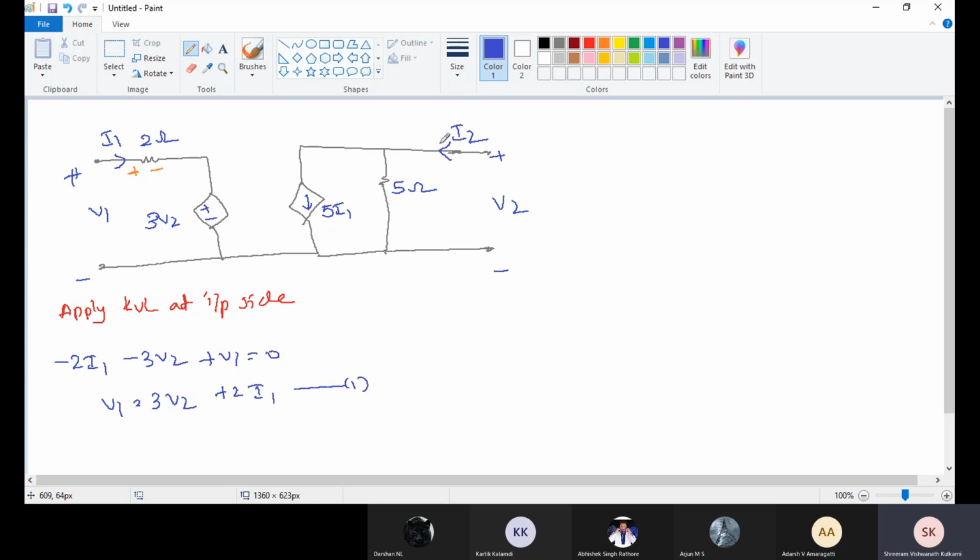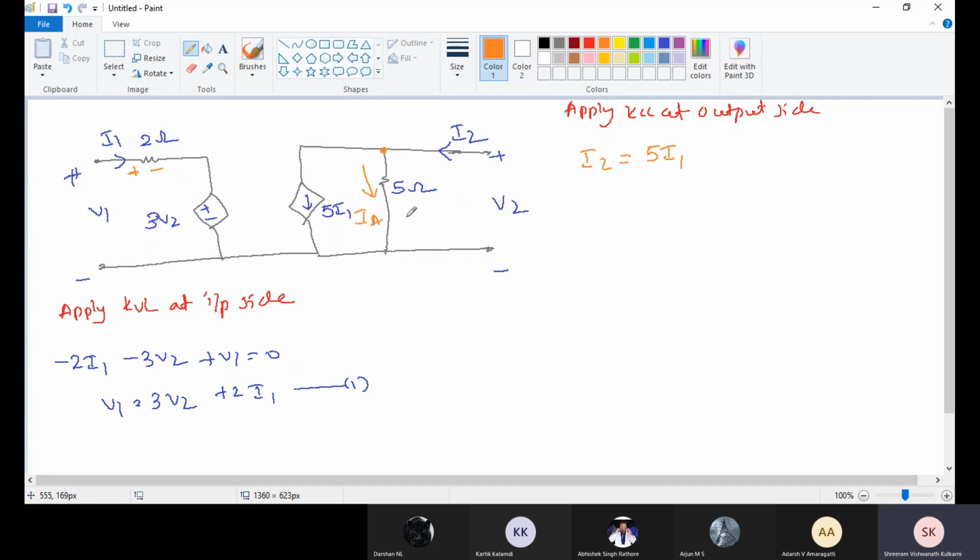Now I'm going to apply KCL at output side. See here, I2 is equal to 5I1. Then this current is coming here and is going to divide into two parts, 5I1 and this current.